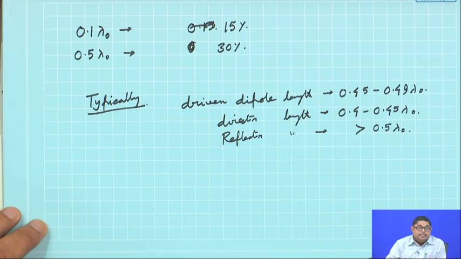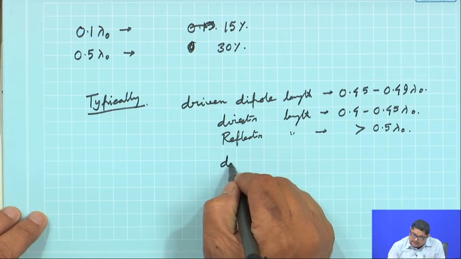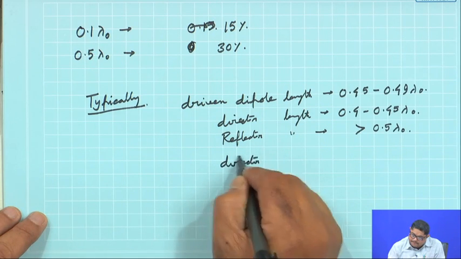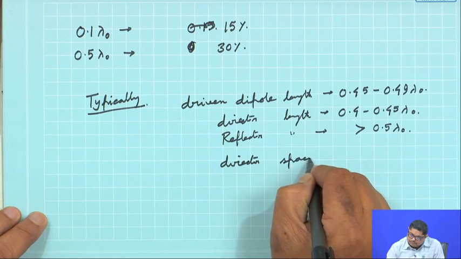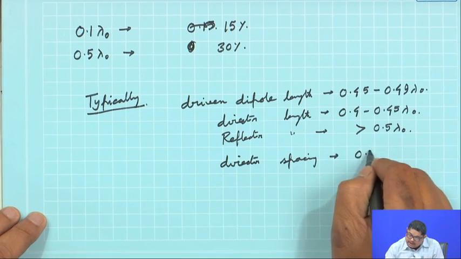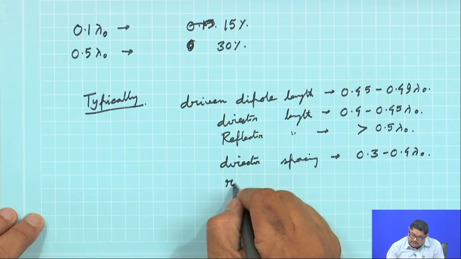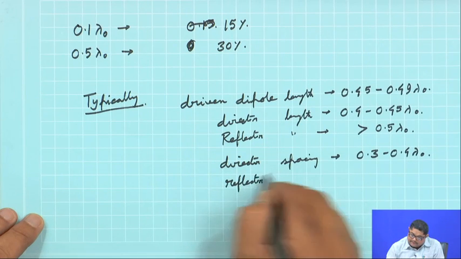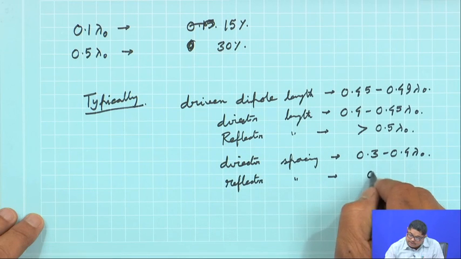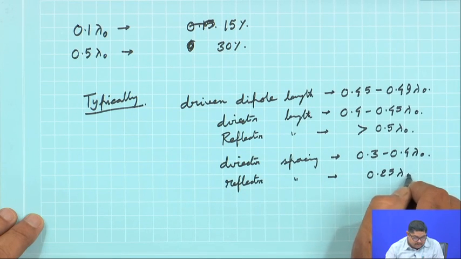Radiation is in the direction of the directors and suppressed in the reflector direction. Then director spacing is typically 0.3 to 0.4 lambda naught, and reflector spacing is 0.25 lambda naught.